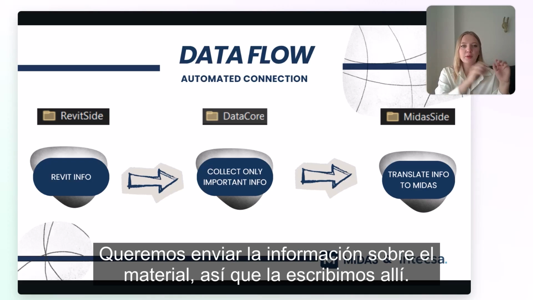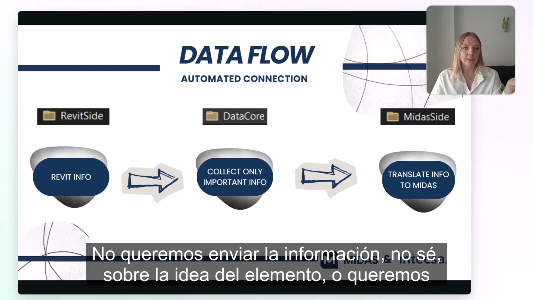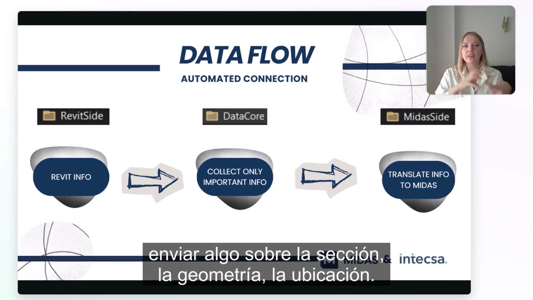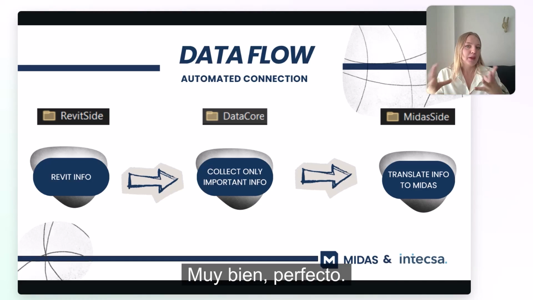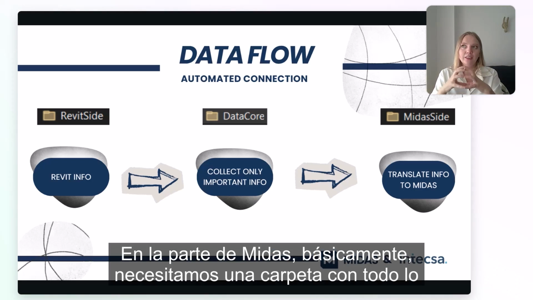We want to send the information about material, so we write it there. We want to send the information, I don't know, about the ID of element, or we want to send something about section, geometry, location. We write it down and we send it. Okay, perfect. And on the MIDAS part, basically, we need a folder with everything that will perform commands to MIDAS.